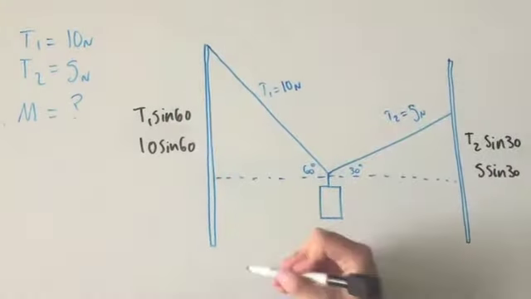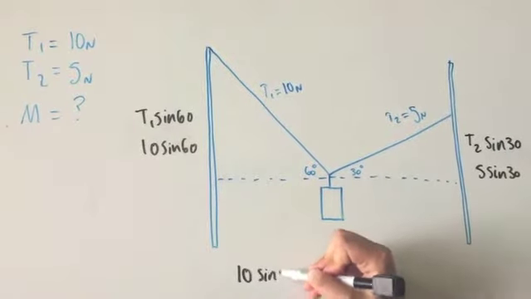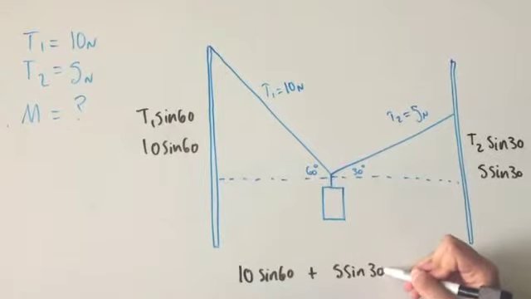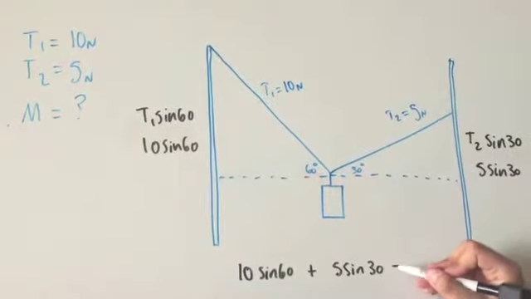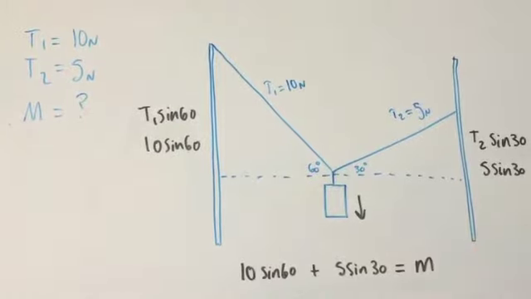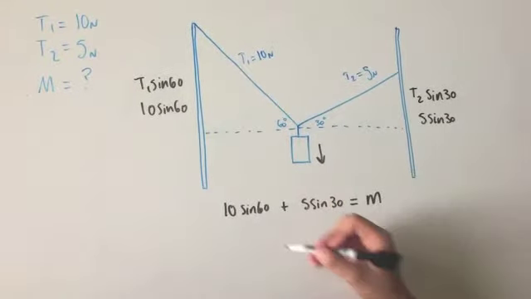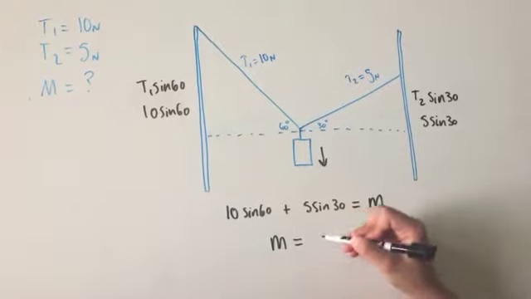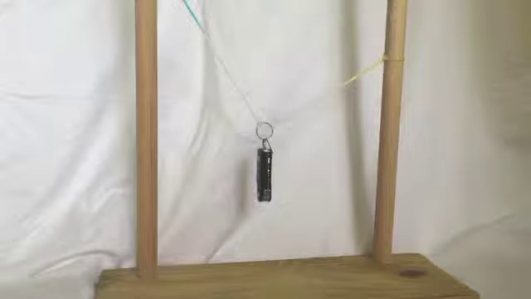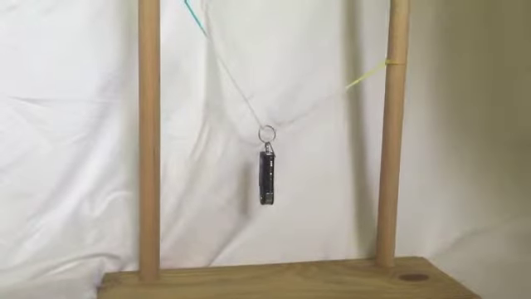And now we can say 10 sine 60 plus 5 sine 30, which are the up forces, equals the down force, which is the unknown mass. And by solving these two, we can say that mass equals 11.16 newtons.